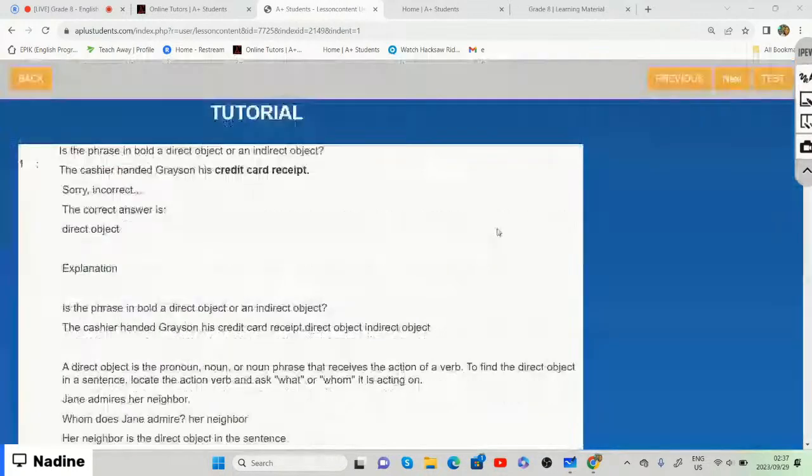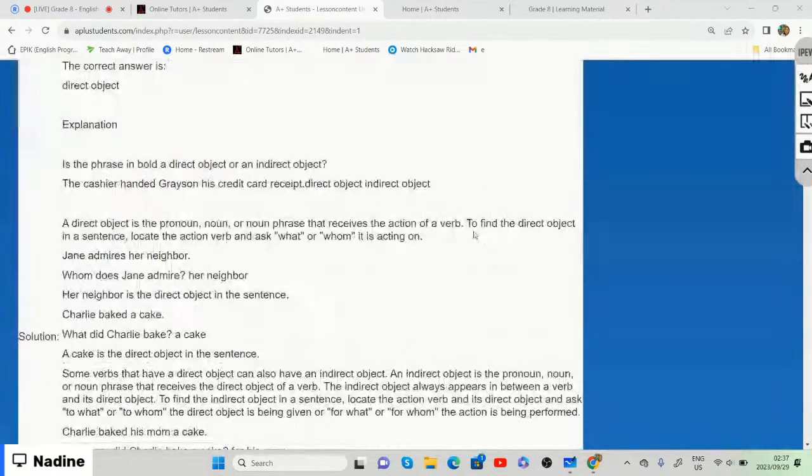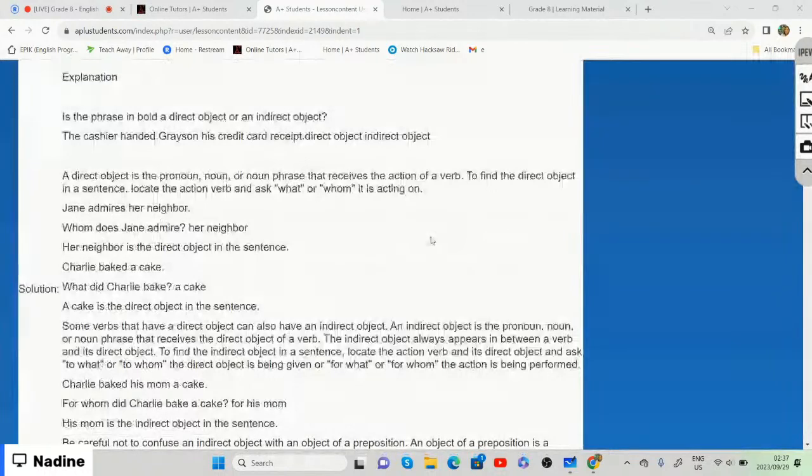All right, so basically we said we have direct objects and we have indirect objects. When it comes to a direct object, it's the pronoun, noun, or noun phrase that receives the action of a verb.